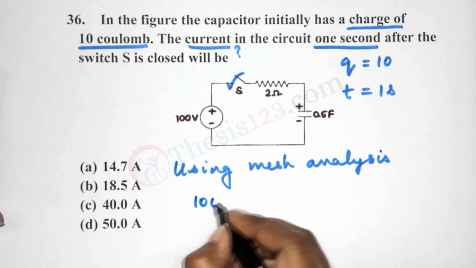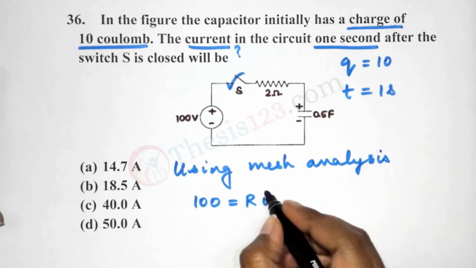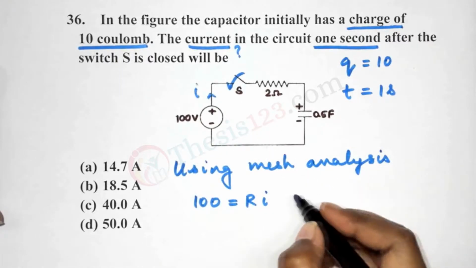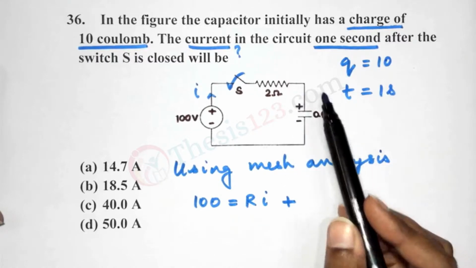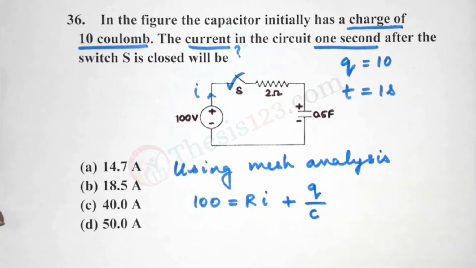Now 100 equals R times I. Let's call the current that is passing through here as I. Plus, what is the voltage across the capacitor when charge is given? That would be Q by C. Alright. So we have 100 is equal to Ri plus Q by C.